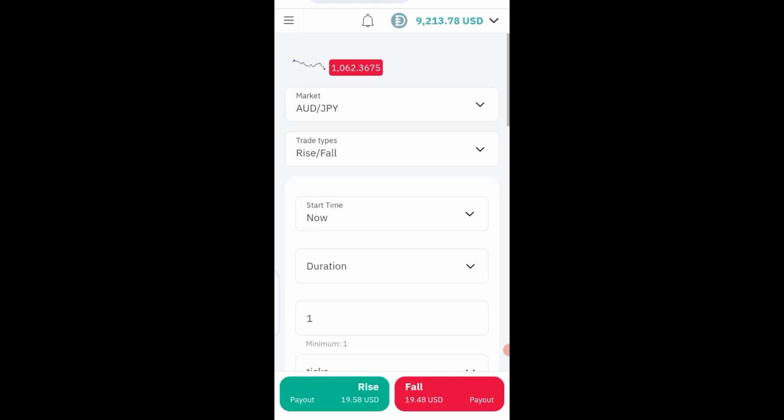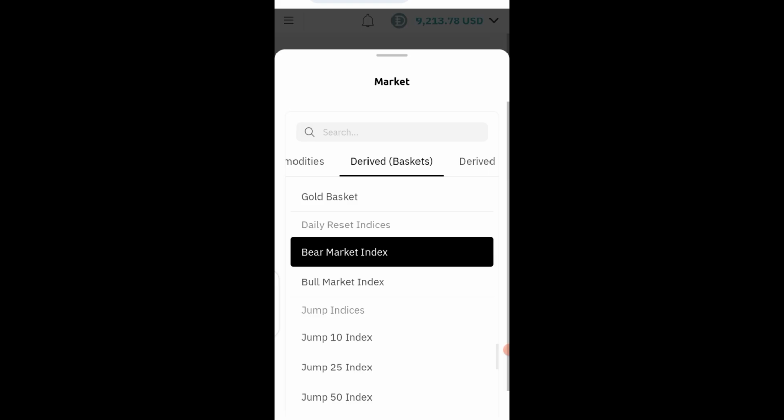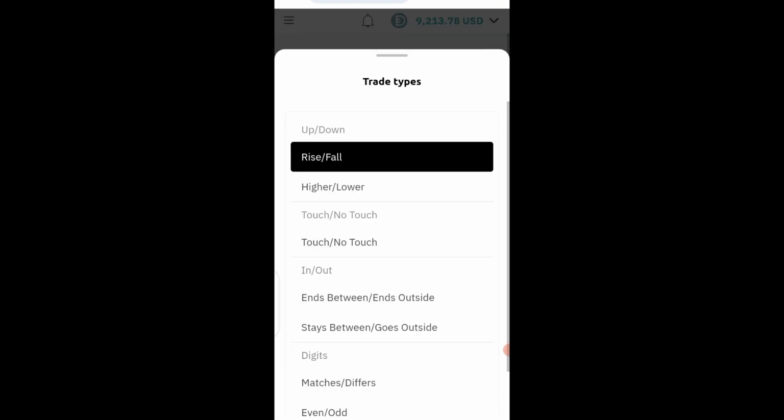Let's start with the bull market. This is part 2 of the training. So we select our bull market. We select what? Higher and lower.